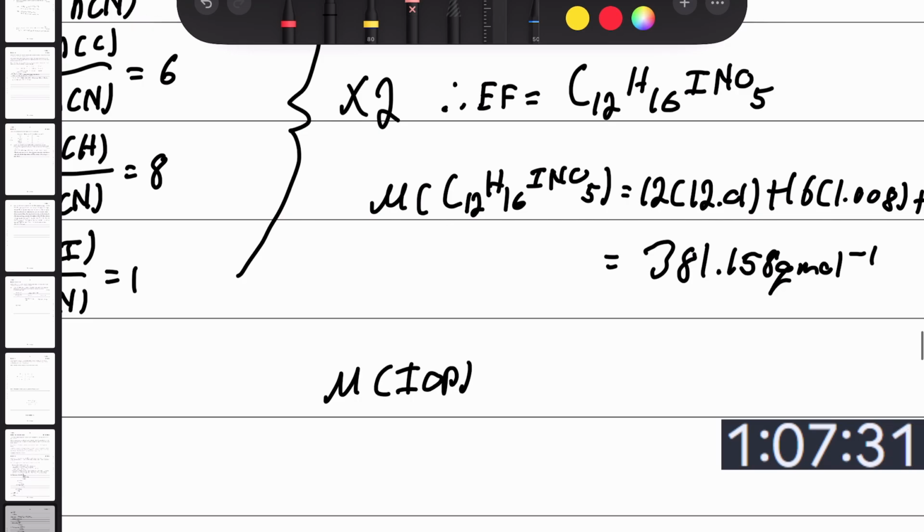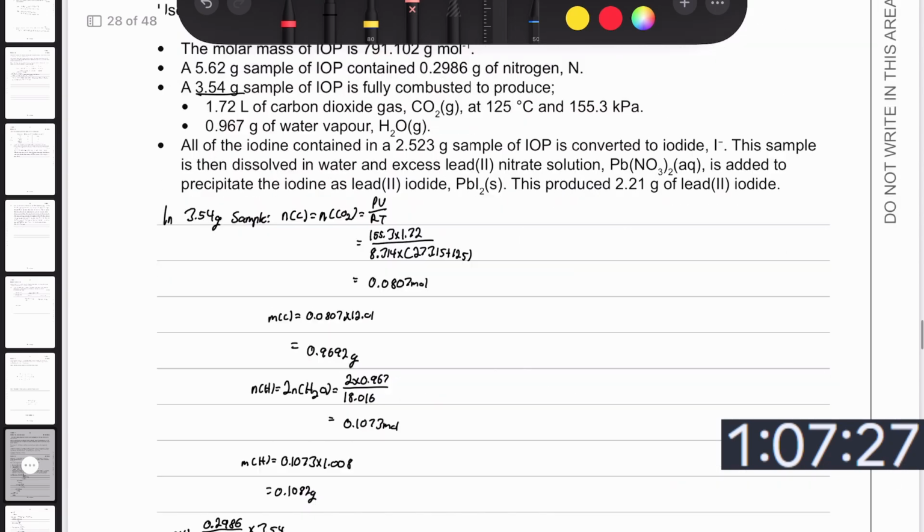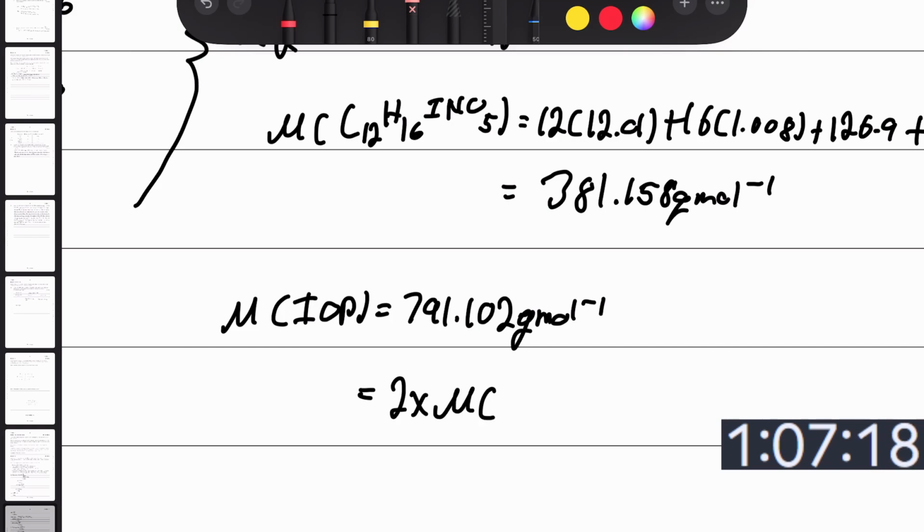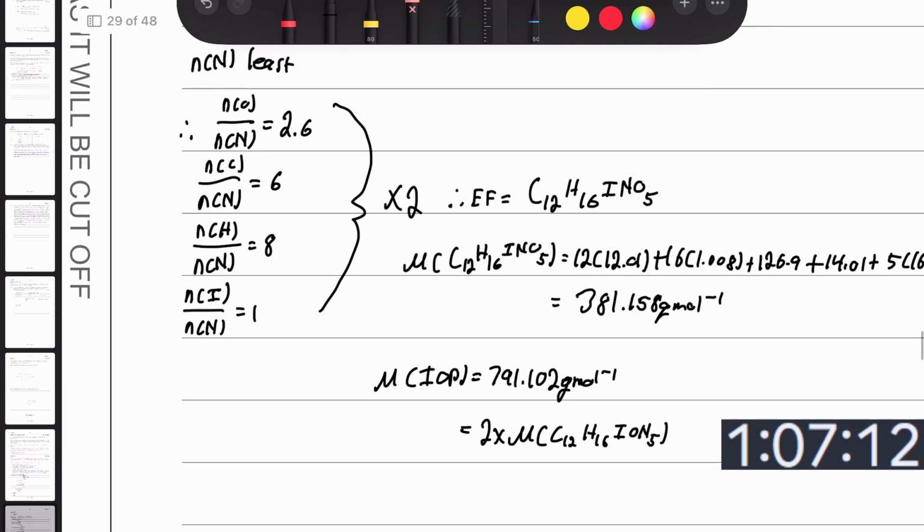Mass of IOP is going to be 791 point. See, I don't like this because it's not like it's 30 grams per mole off. 2 mole of C12H16INO5.